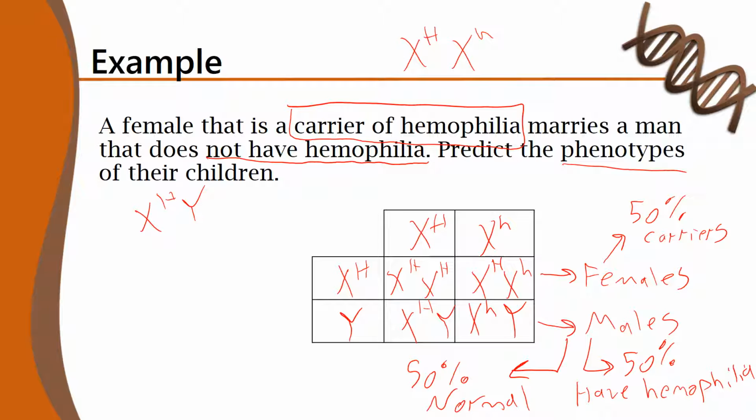So you'll notice there that because we only show 2 male genotypes there, that ends up being 50% hemophilia for the males.